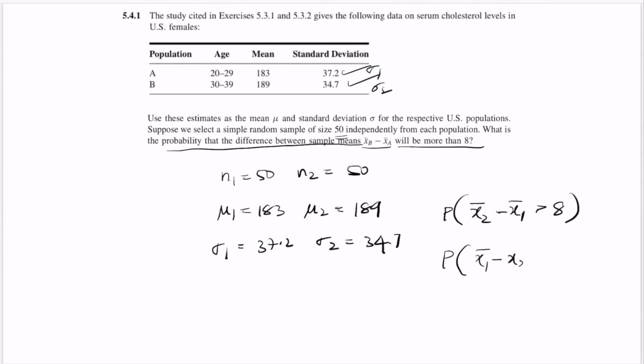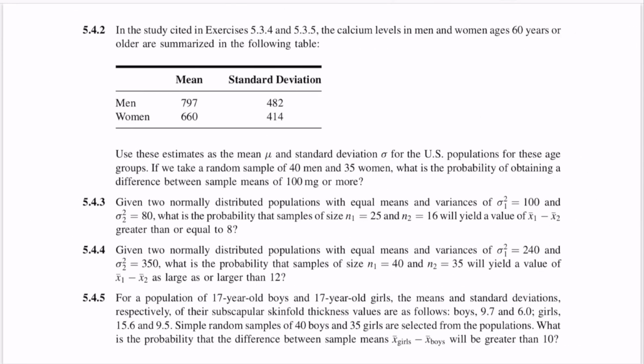So x1 bar minus x2 bar less than negative 8. This is the value that you are calculating now. So pause the video right here and try to solve this problem.